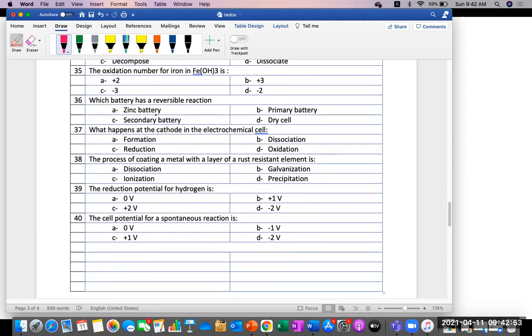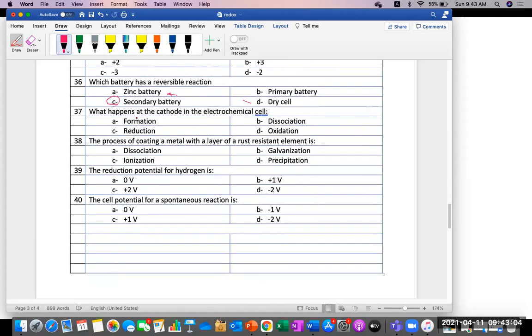Which battery has a reversible reaction? Again, a reversible reaction means a secondary battery, so don't go with names. Only the reversible ones are lithium and lead acid. Which happens at the cathode in the electrochemical cell? At the cathode, we will have reduction. The process of coating with a layer of zinc is galvanization, which is to prevent corrosion.